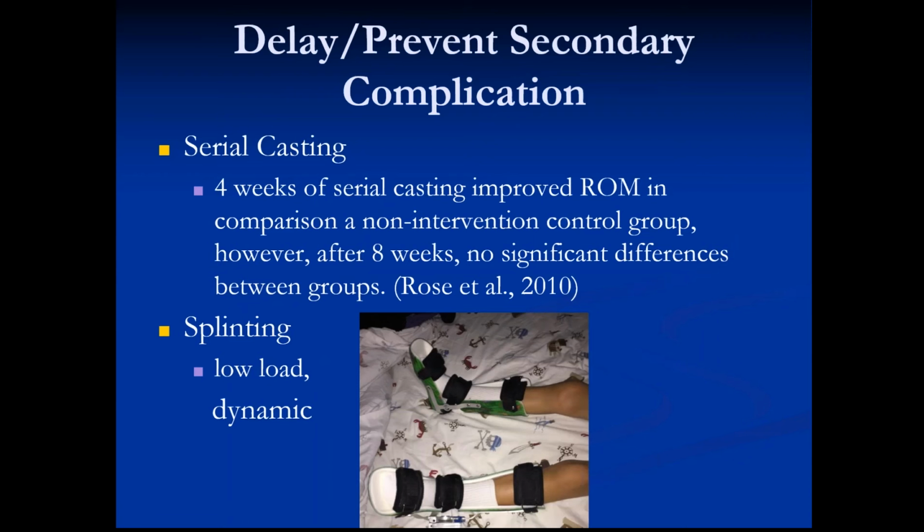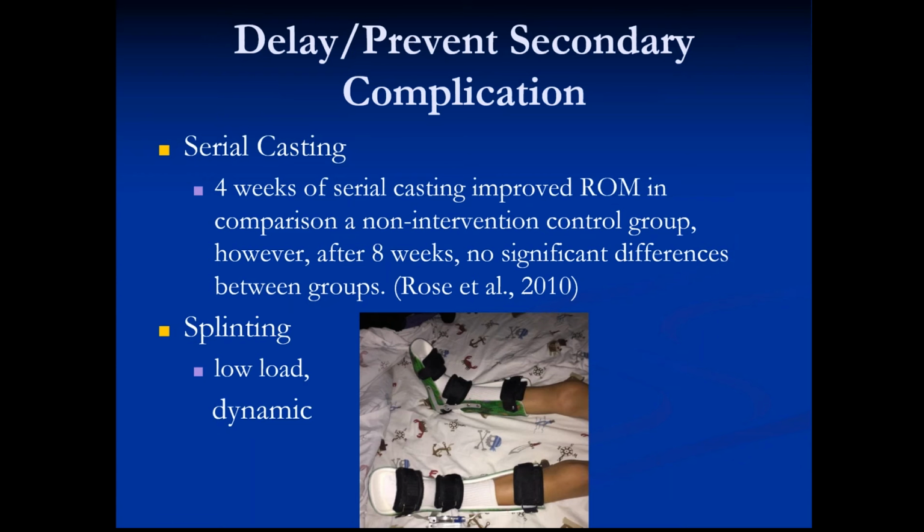So continuing along the lines with delaying and preventing secondary complications, we want to make sure that the range of motion of the child is maintained as much as possible, despite tightness that may occur as part of the natural progression of CMT.